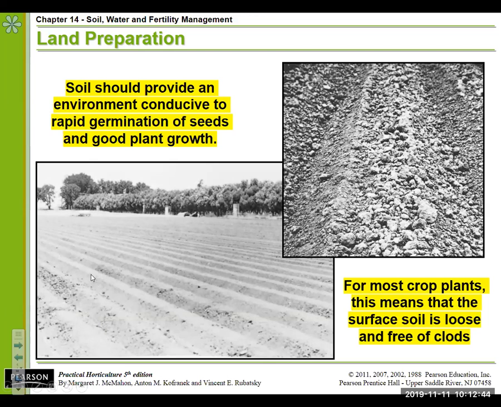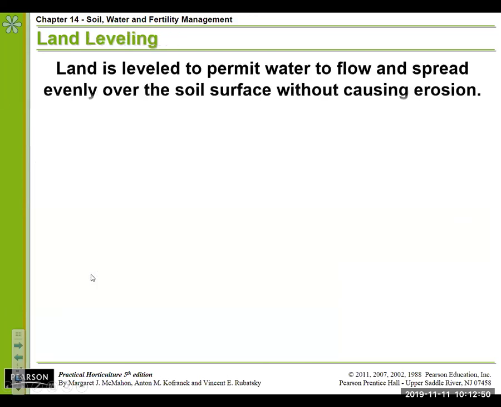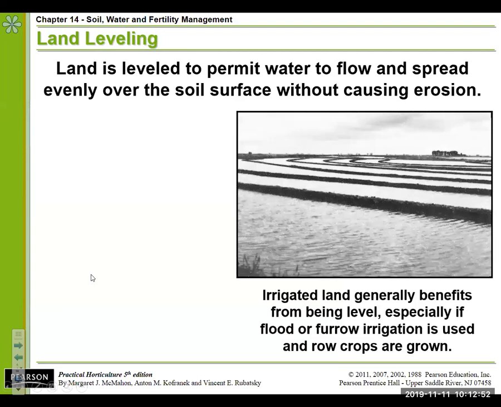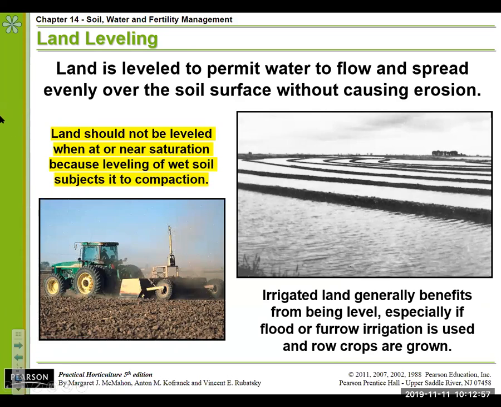So generally through tillage, we're breaking up these clods to get better soil to seed contact. Leveling is important to permit the flow of water and to spread it evenly throughout a soil surface without causing erosion.